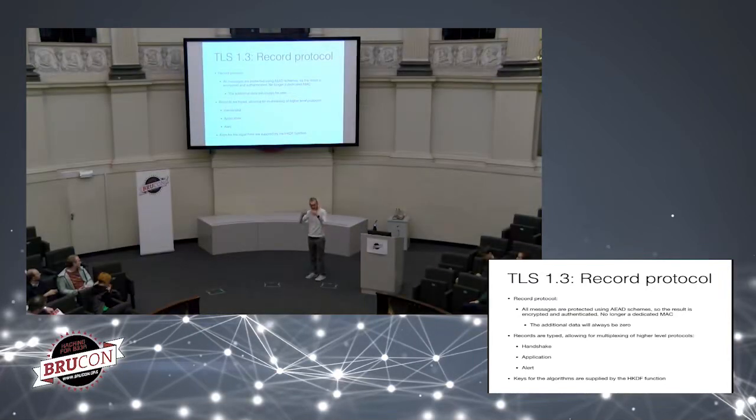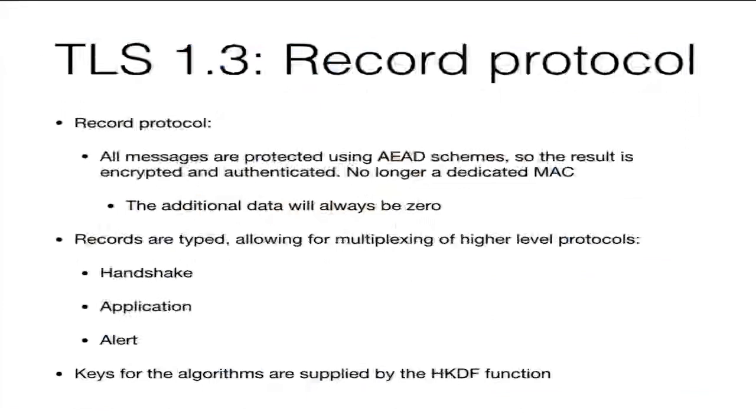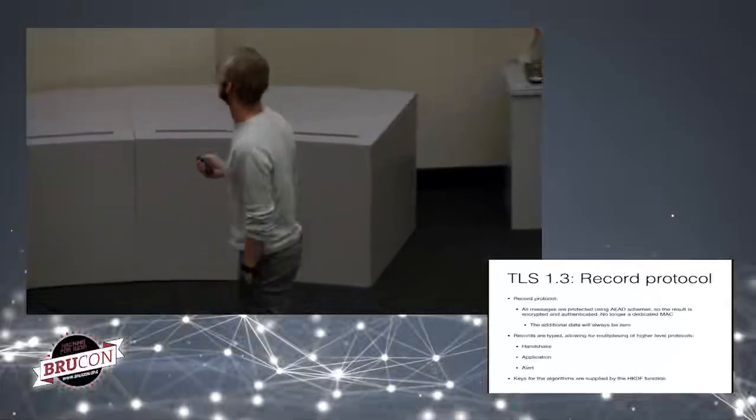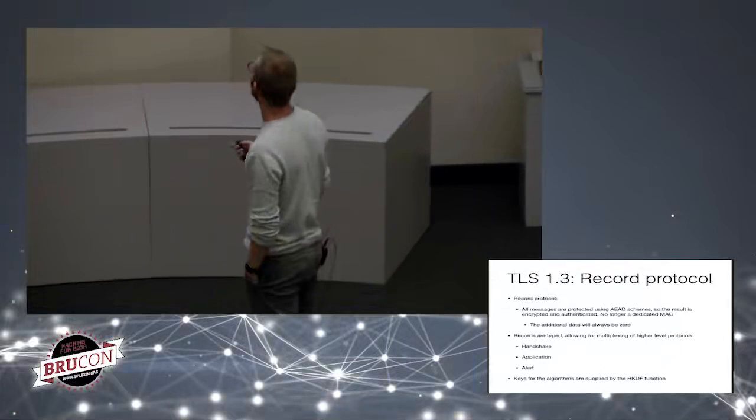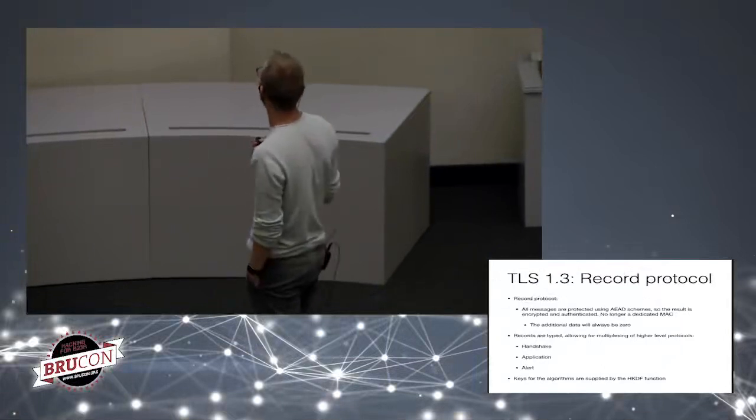Because we're using this AEAD system, and we get both confidentiality and data authentication in one single step. AEAD provides for additional data, but in the context of TLS 1.3, the additional data will always be 0. They just provide everything from the application layer to the secure channel layer, and there is no additional data.